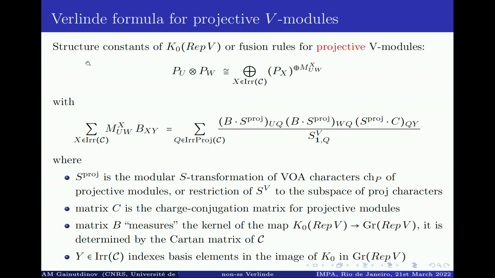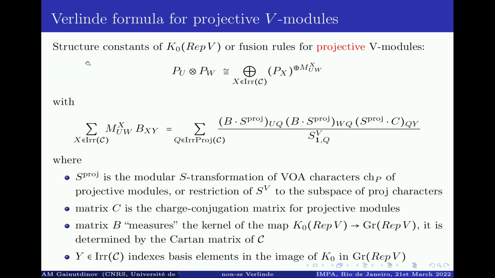The only difference is that there is a matrix B, and it measures the kernel of the map from K0 to the Grothendieck ring. It's determined by the Cartan matrix of C. So if you know the structure of projective covers, you know the Cartan matrix of category C, you can determine B. And index Y runs over basis elements in the image of K0 in the Grothendieck ring. So B is actually not invertible. In general, you cannot extract M_UWX, but it gives you some information about M_UWX.